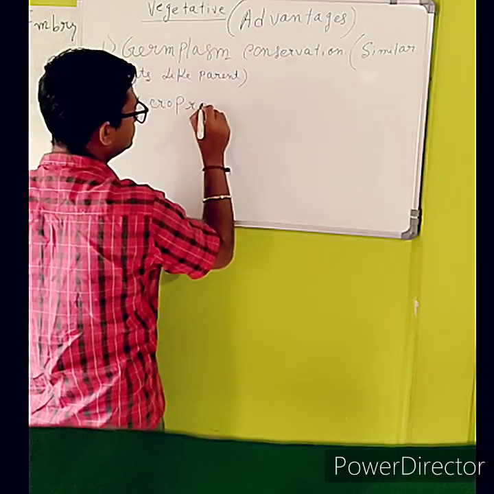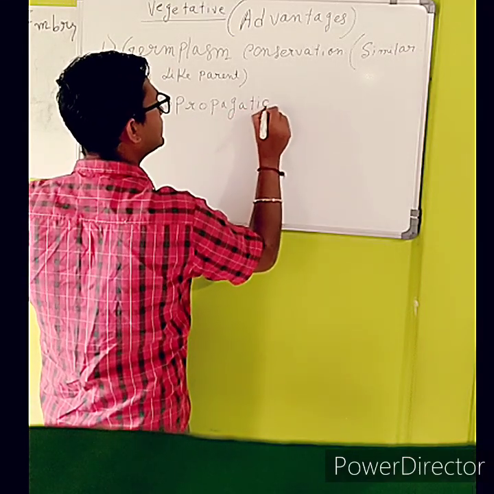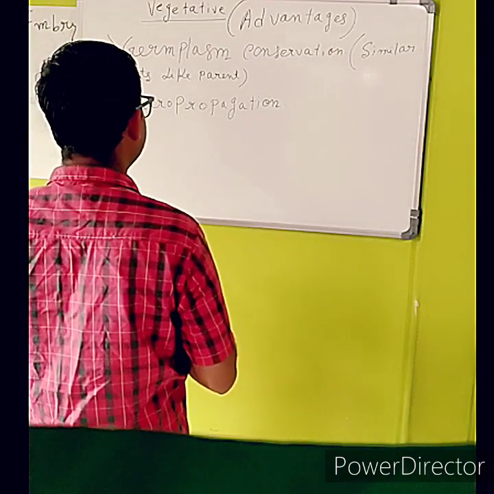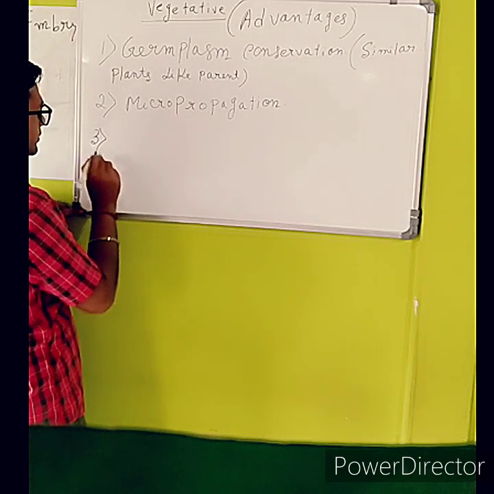So exactly carbon copies can be obtained through vegetative propagation. The second advantage is it helps in micropropagation. Through vegetative reproduction, thousands of plantlets can be produced through micropropagation and tissue culture techniques.